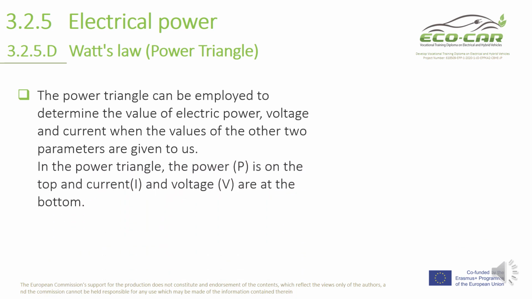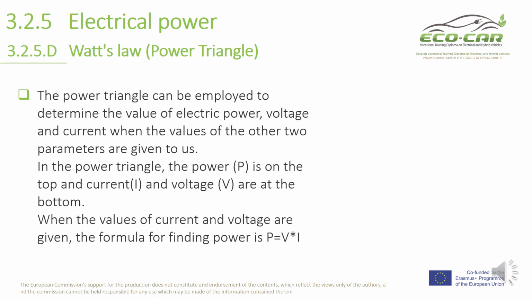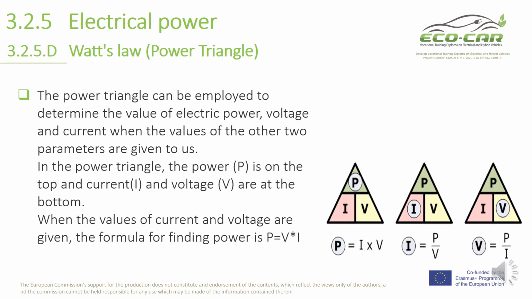In the power triangle, the power P is on the top and current I and voltage V are at the bottom. When the values of current and voltage are given, the formula for finding power is P equal V multiplied by I, as we see in this triangle.